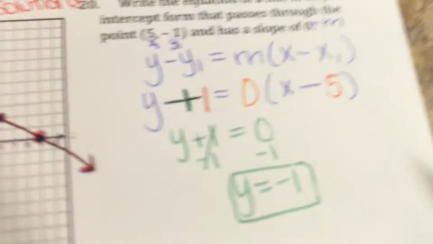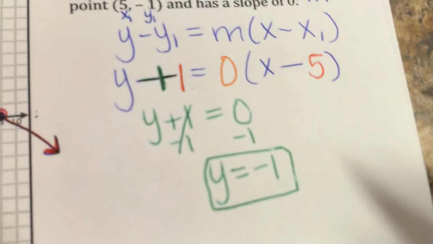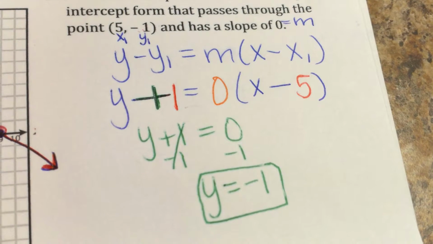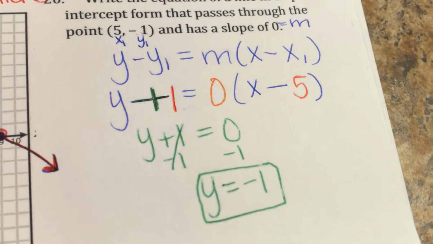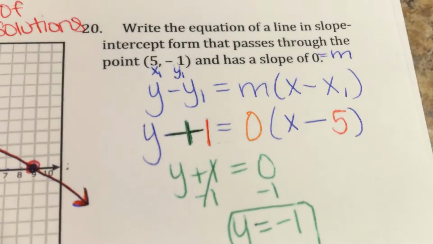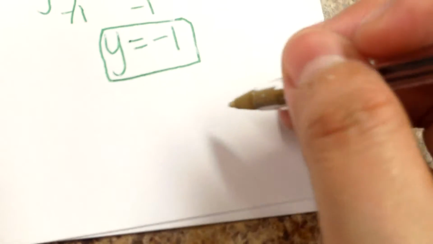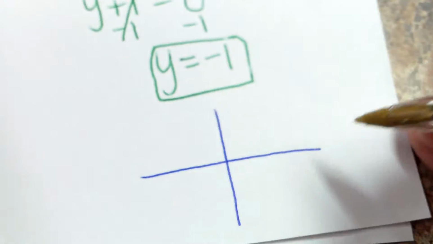However, I want to show you another way, because sometimes this form may not work, especially if you have one that says undefined slope or no slope. So let's just go ahead and graph it to see what it means. So here's my little graph. My point is 5, -1.